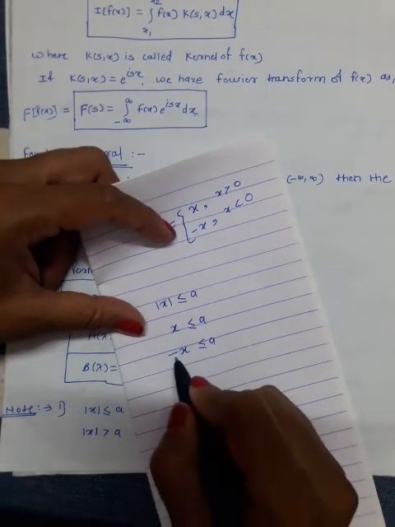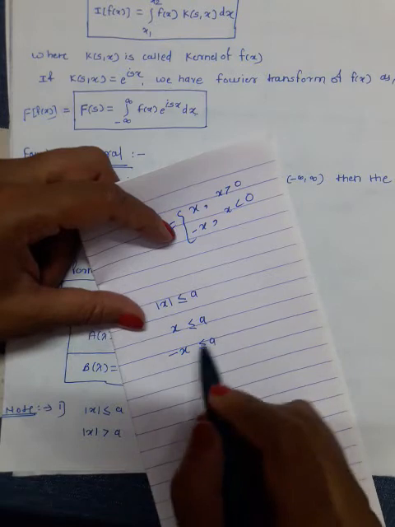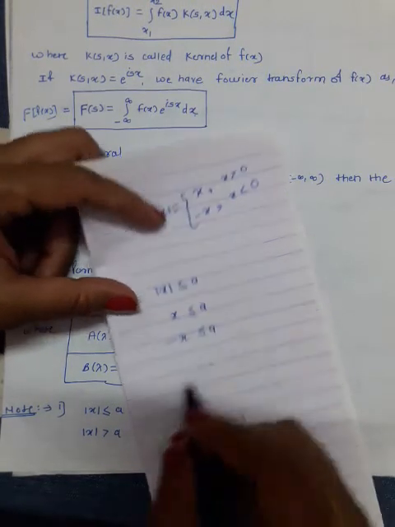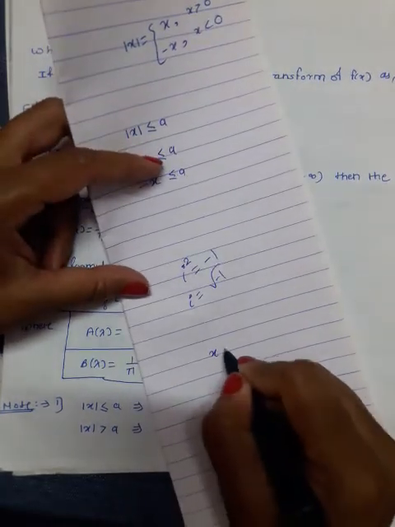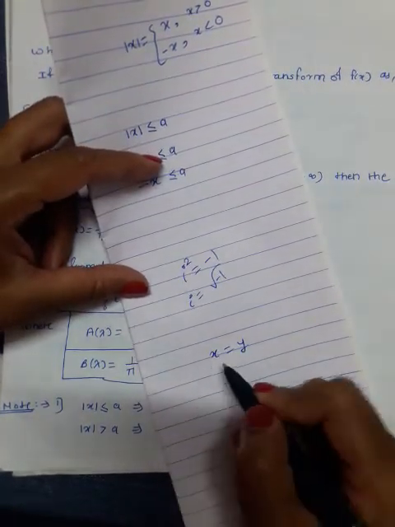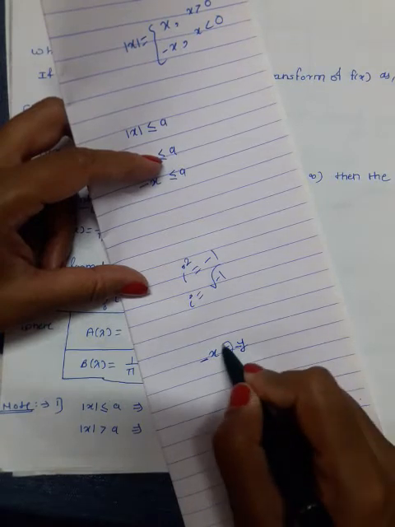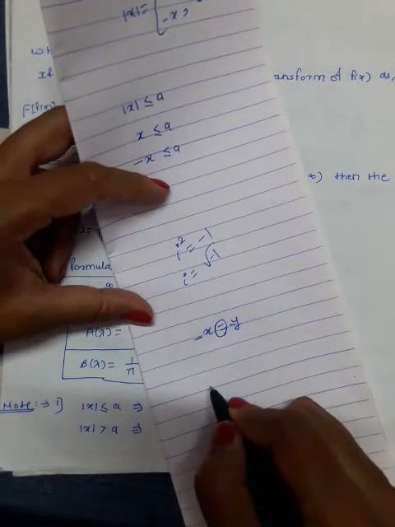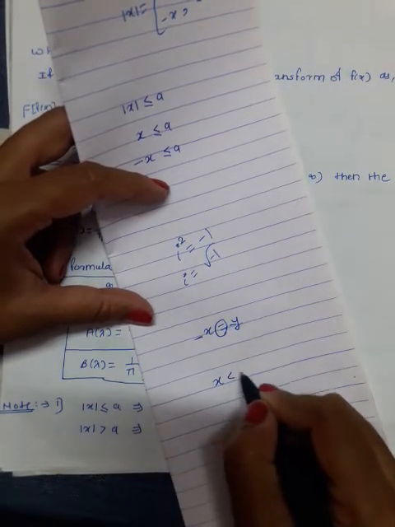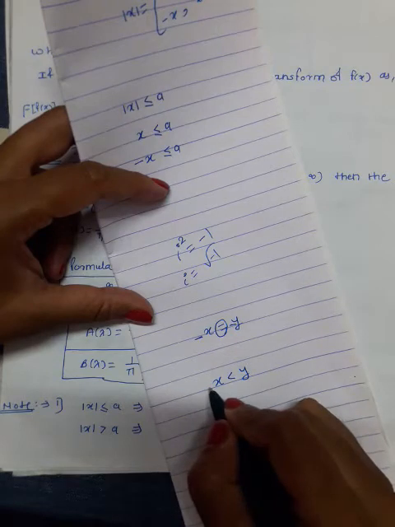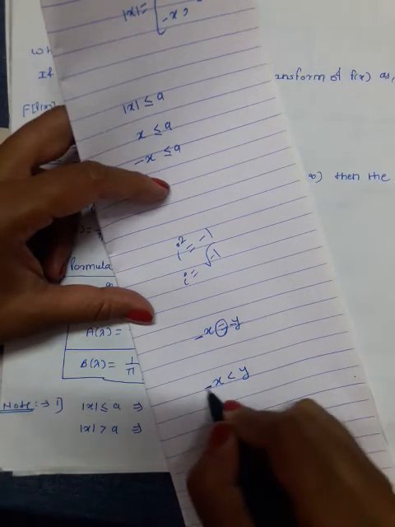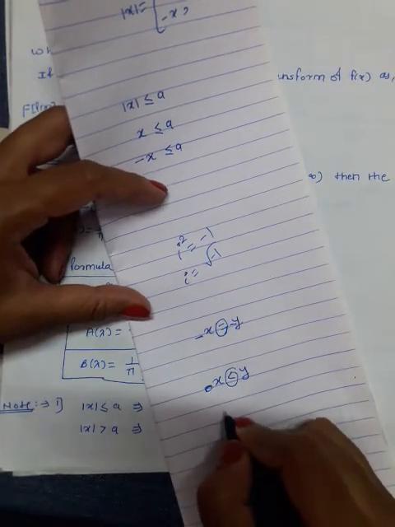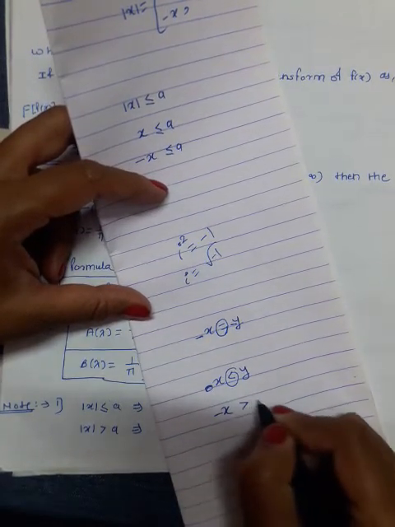Now to convert this into one form, just multiply both sides of this inequality by minus sign. In an equality, if x is equal to y and you multiply both sides by minus sign, the equal to sign doesn't change. But in inequalities, where x is less than y, if you multiply both sides by minus sign, then this sign gets reversed: minus x is greater than minus y.